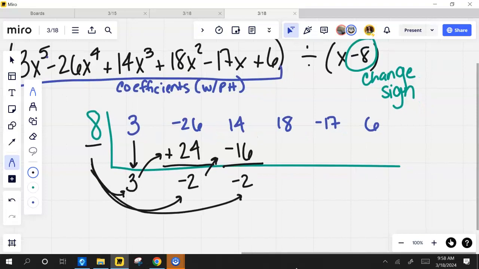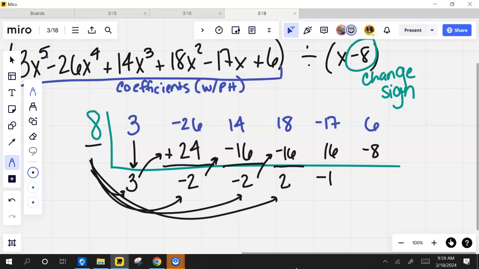Multiply -16 and add +2. Multiply and add and multiply and add.